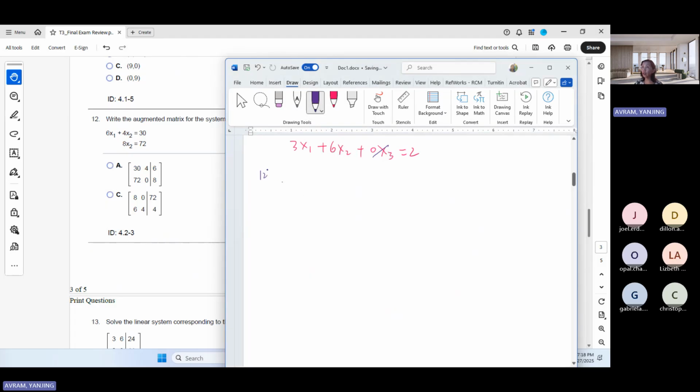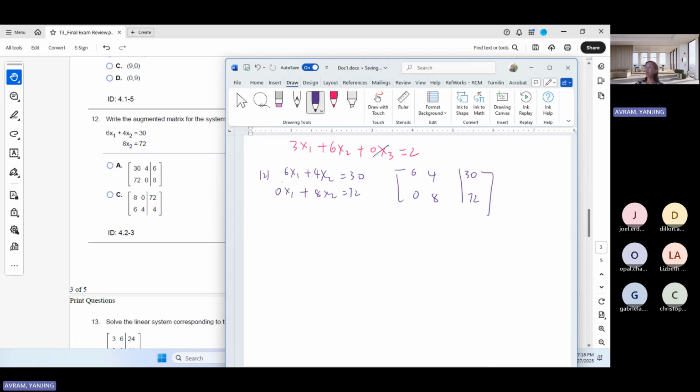So this one is 6x1 plus 4x2 equal to 30, right? I don't have an x1 right here, so I need to have 0x1 plus 8x2 equal to 72. Then just write down the matrix without x1, x2. So that's 6, 4, and 30, and then this one will be 0, 8, and 72.